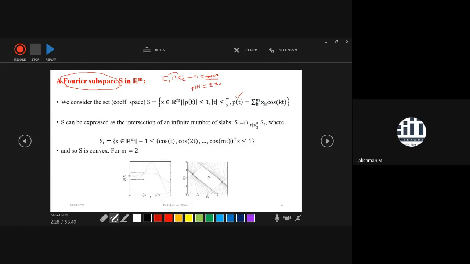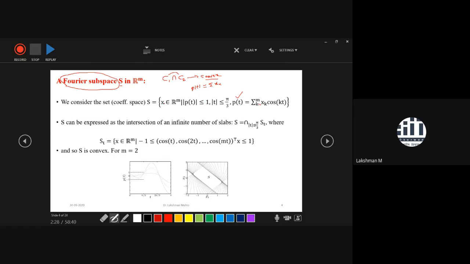That means we have truncated. We are starting from k equal to 1, and it is in proper, increasing order. Those Fourier coefficients which have higher value will come first, and those which have lower value would be truncated. That kind of concept is coming here.